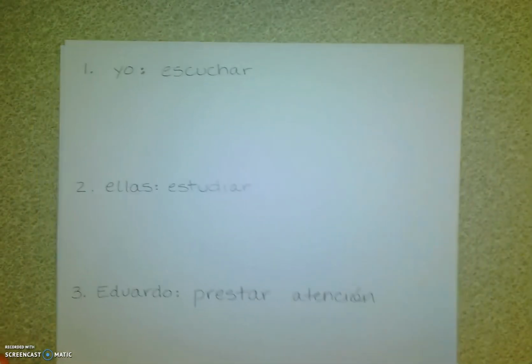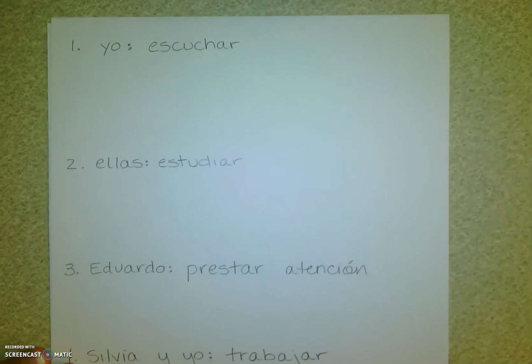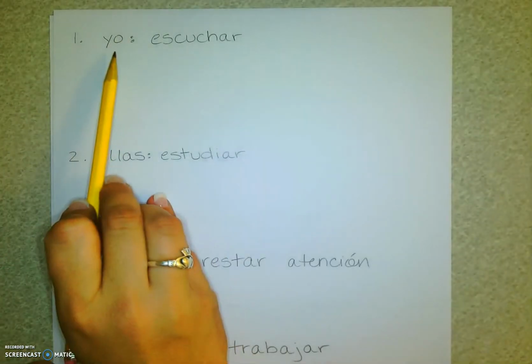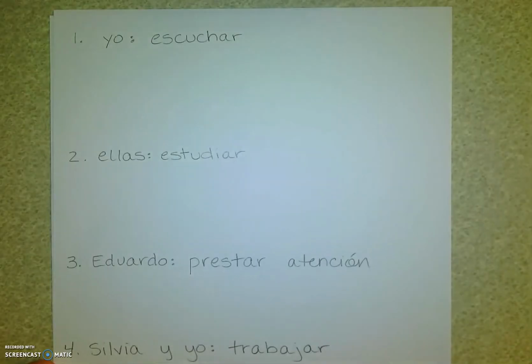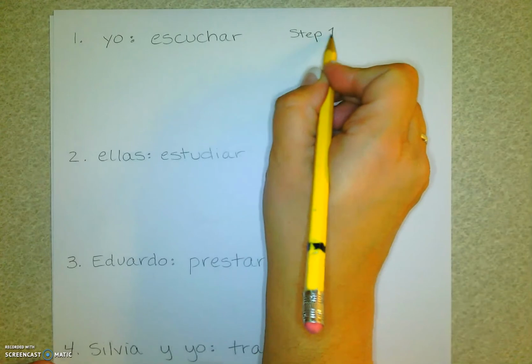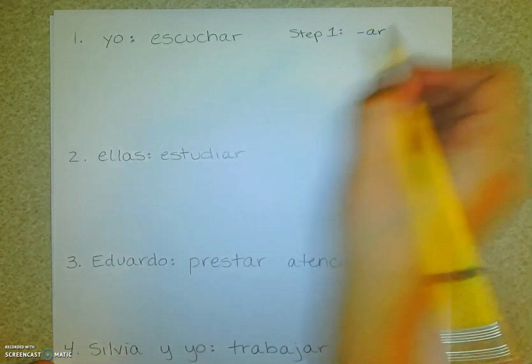So taking a look at some of our examples, let's start with number 1, I listen. So our very first step, step 1, is to remove the infinitive ending.